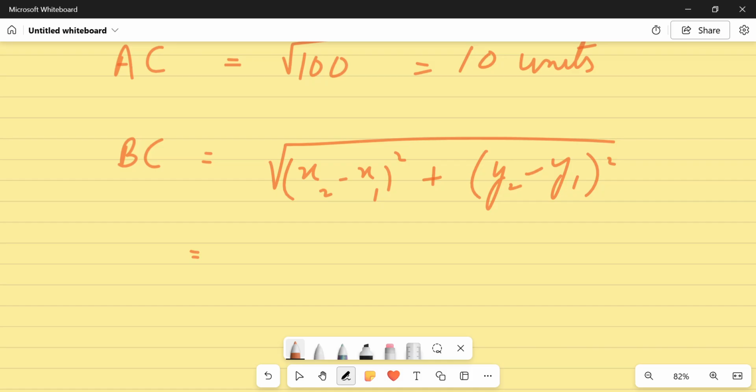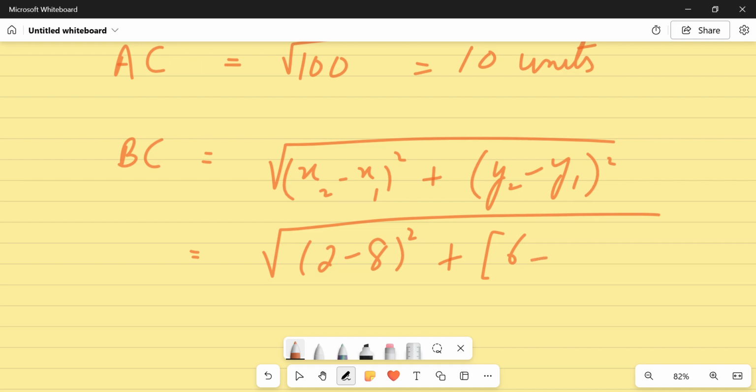B coordinates are 8 and -2, and C coordinates are 12 and 6. Check the coordinates in the question and then substitute the x and y values in the formula.